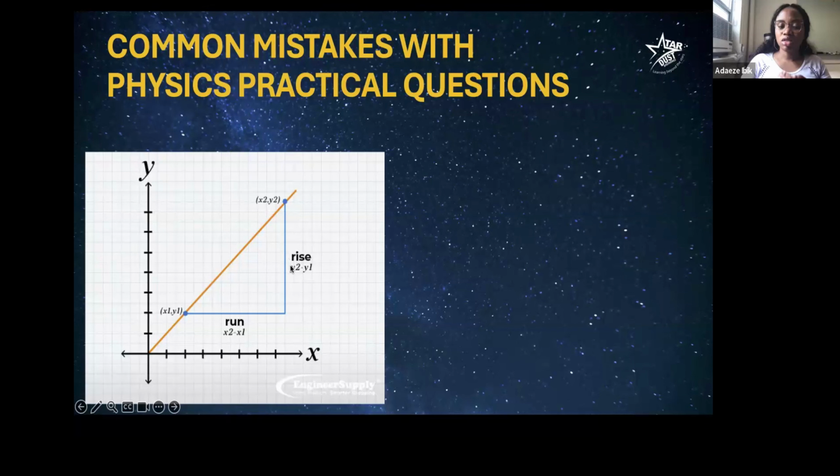So for you to get the slope, you now have to estimate y2 minus y1 and x2 minus x1. But I want you to note something. This is something that you might find useful.